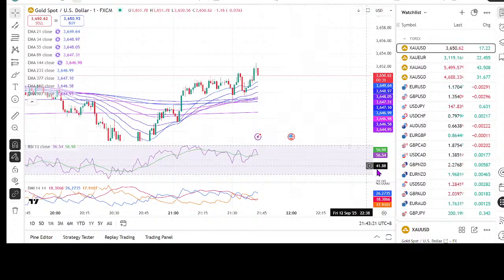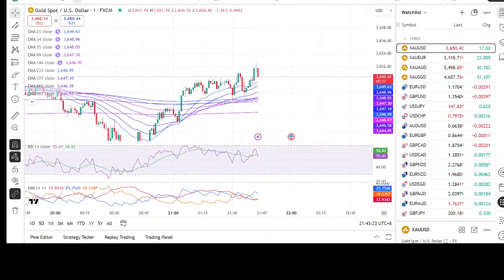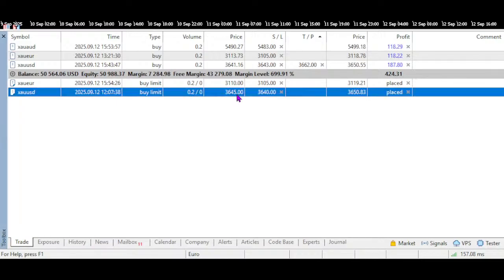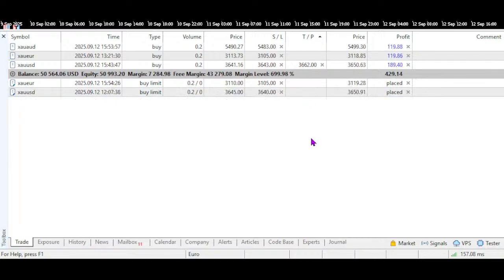But I think we have already taken the trade, so we are already into the trade. So I think we can go for it. You see, this is all about confidence. If you notice, this is all about confidence.